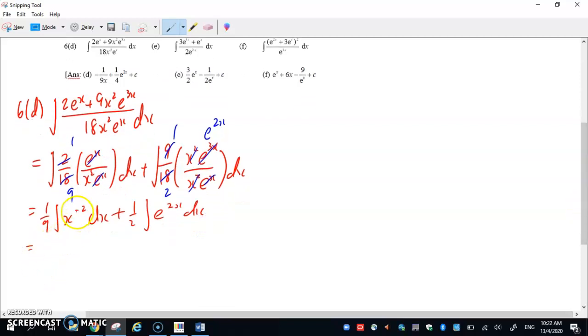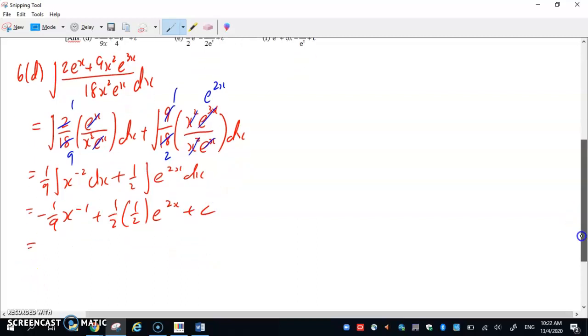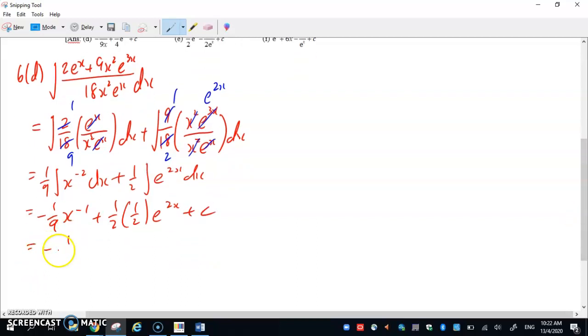Minus 2 plus 1 is minus 1, so minus 1 over 9 x to the power minus 1 plus half, half again because differentiating 2x is 2 due to the chain rule, so what you get is e to the power 2x plus c. So this will give us minus 1 over 9x plus 1 quarter e to the power 2x plus c, so that's all for the answer.